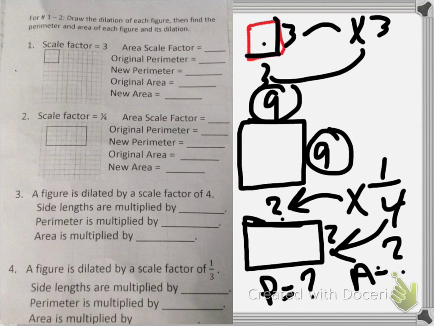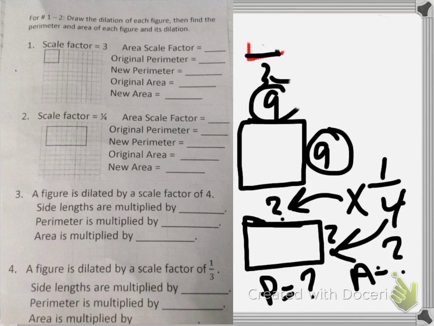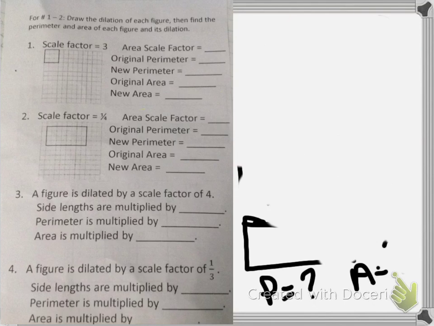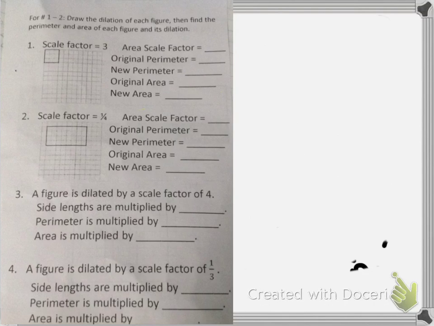So the first figure, if you look at it closely, is a 3 by 3. With a 3 by 3, you kind of know what to expect as far as the perimeter and the area. That's pretty easy to find, but we're going to go through it just so you can see me do it live.